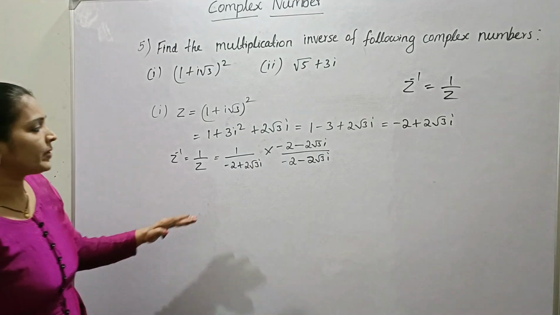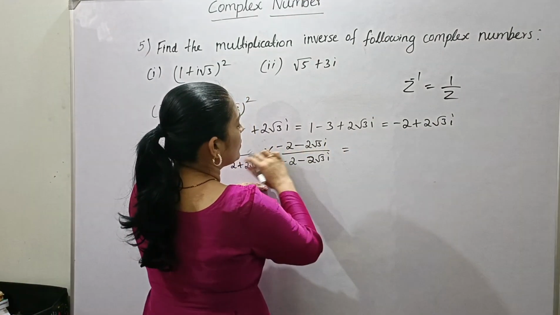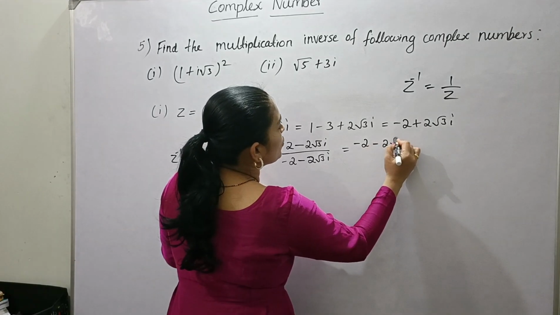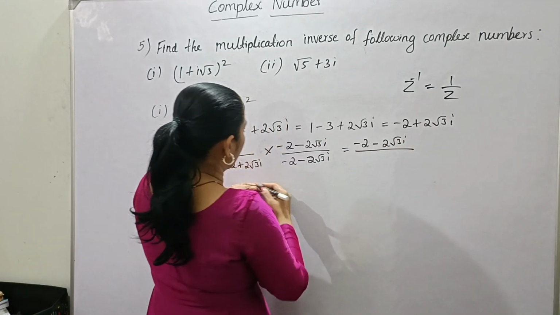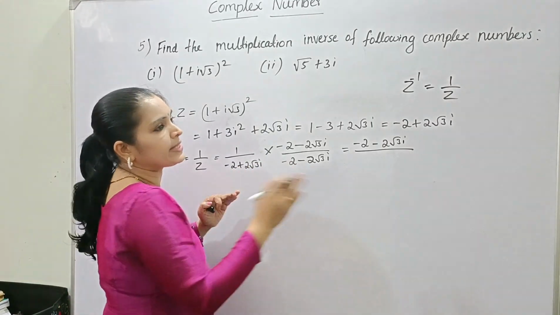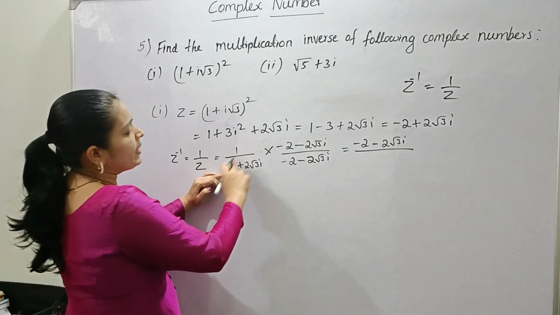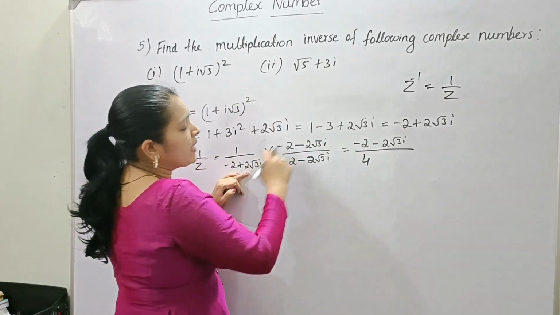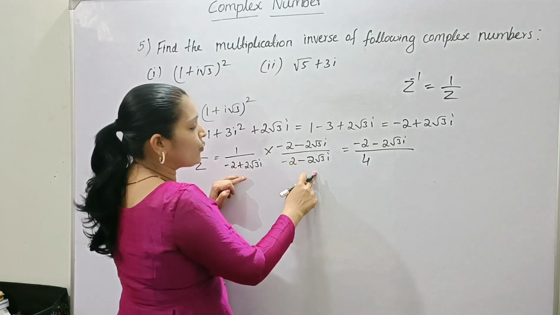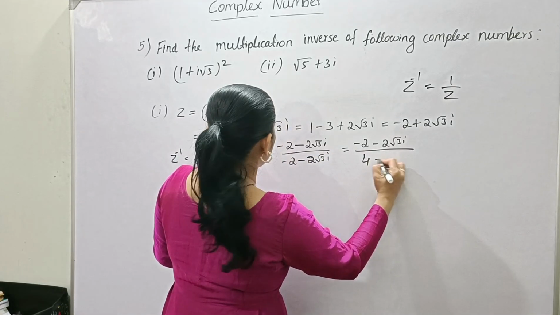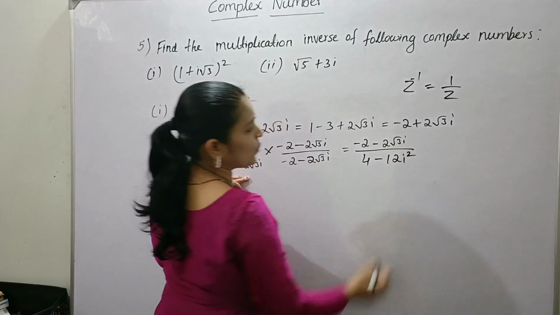Now simplify this one. 1 into this one, that is minus 2 minus 2 root 3i itself, divided by, now it is in the form (a plus b) into (a minus b), that is a square minus b square. Minus 2 into minus 2 is 4, 2 root 3i into 2 root 3i: 2 into 2 is 4, root 3 into root 3 is 3, so 4 into 3 is 12, so minus 12i square.